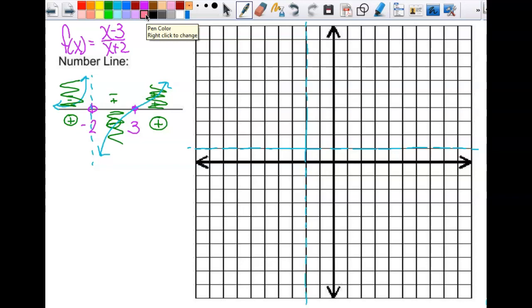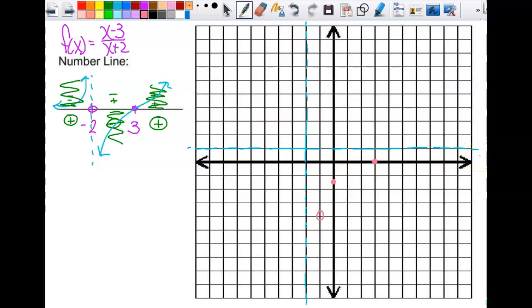I have a hole at -1, -4. Hole right there. I have a 0 at 3. And I have a y-intercept at 0, -3/2. Okay, so I feel like this part of the graph I've pretty much got down.